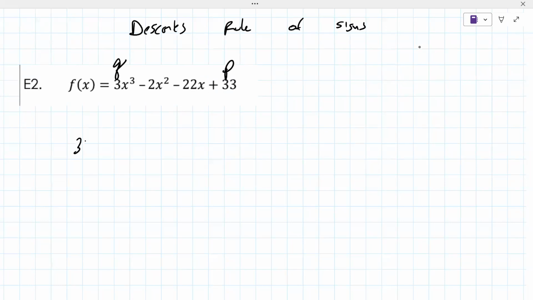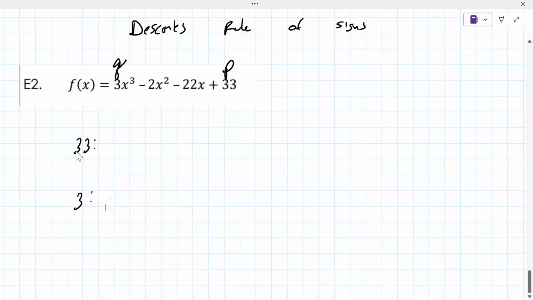Give me all the factors of 33 and then all the factors of 3, please. 33 is... for 3, there's 3, 6, 9... No, no, no. Factors, not multiples, factors.